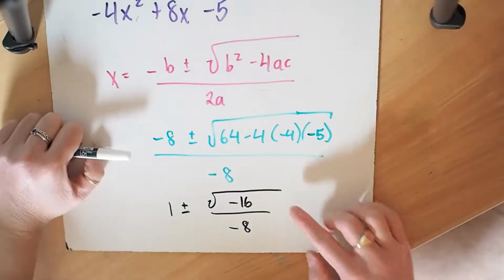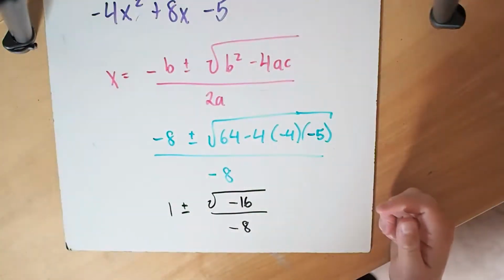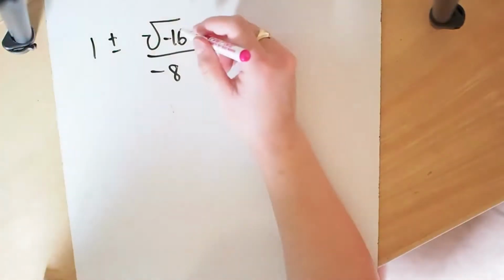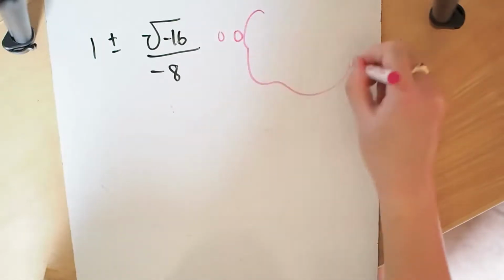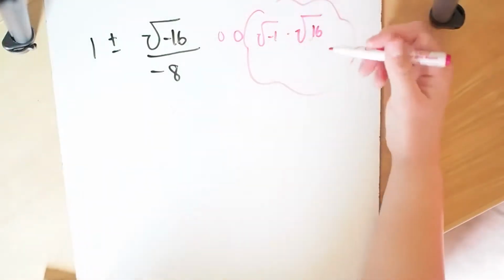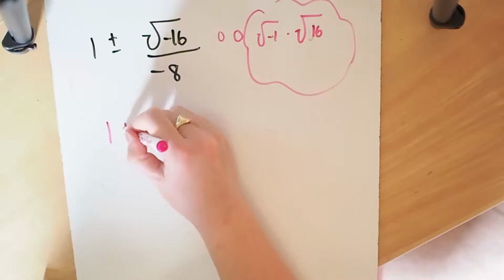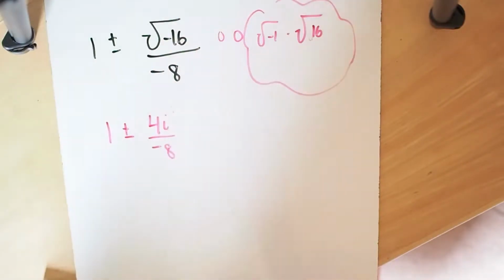Now that we know about i and imaginary numbers, we can make that a little bit more simplified. I'm going to convert this top part into a product with i. I'm thinking, this is the same thing as the square root of negative 1 times the square root of positive 16. So when I rewrite that, I can say 1 plus or minus 4i all over negative 8.